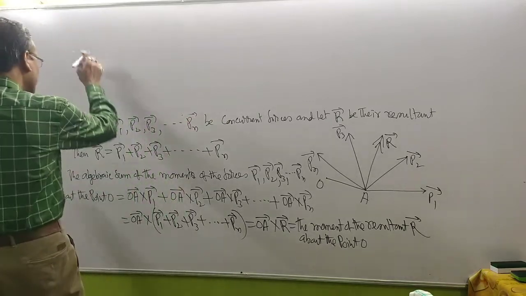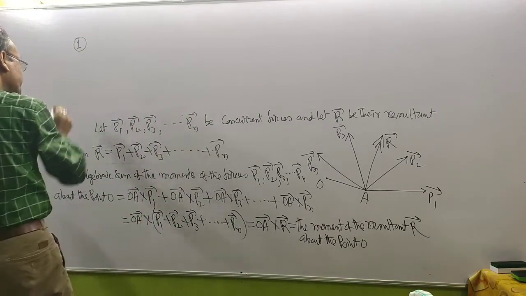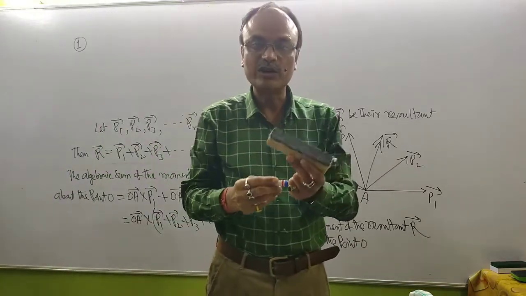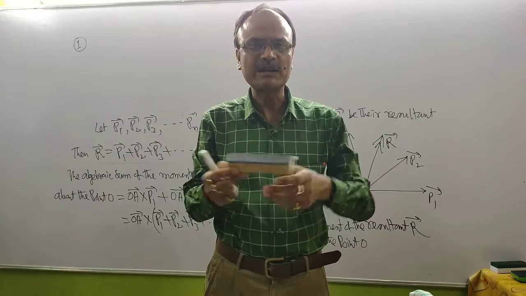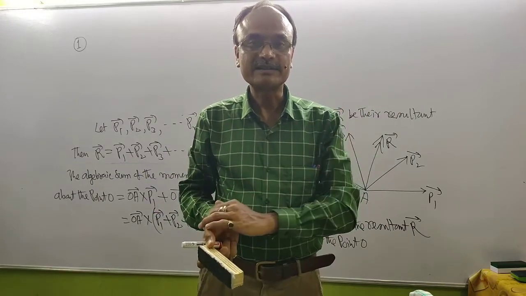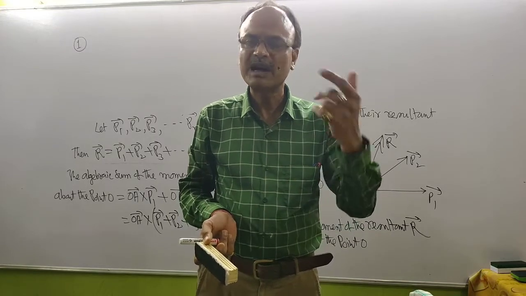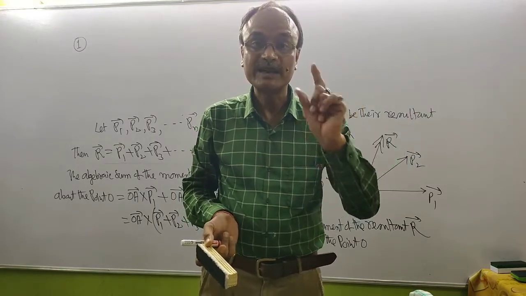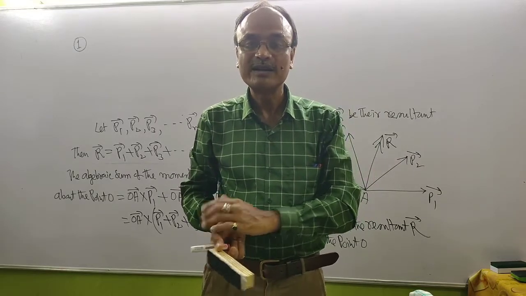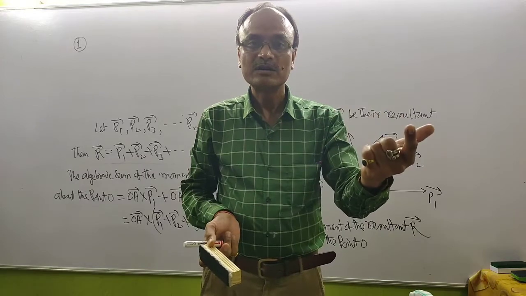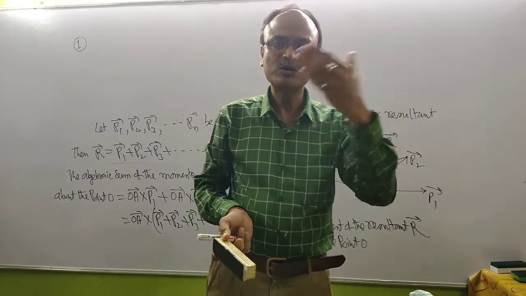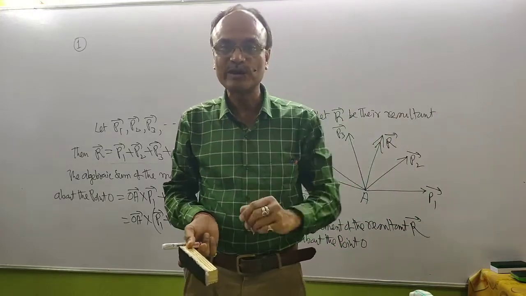Number one: if a number of coplanar forces acting on a body are in equilibrium, then the sum of their moments should be equal to 0. How? Because the moment of their resultant is 0. Therefore, the algebraic sum of their moments should also be equal to 0.